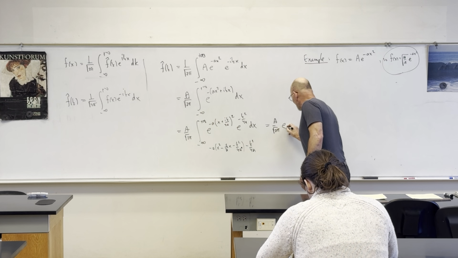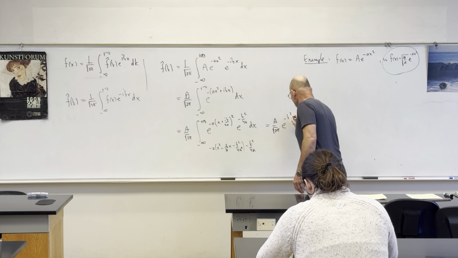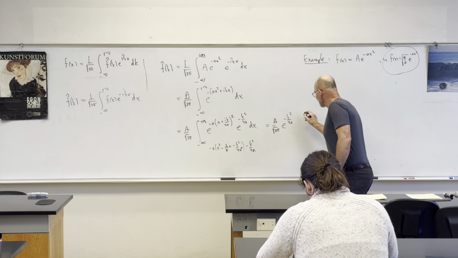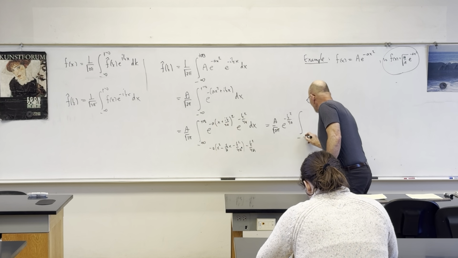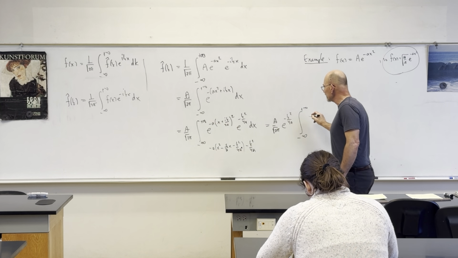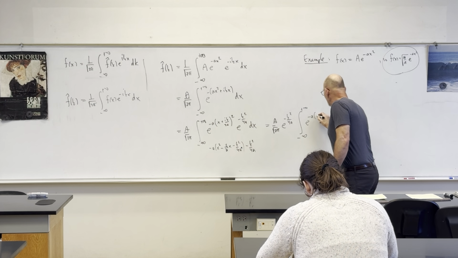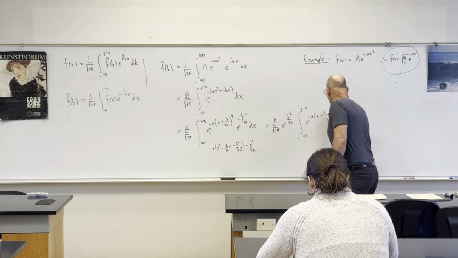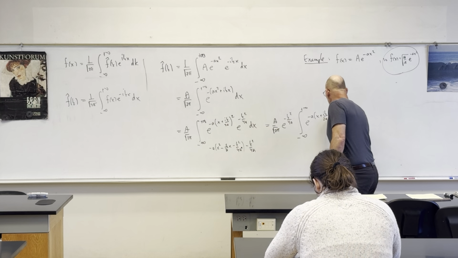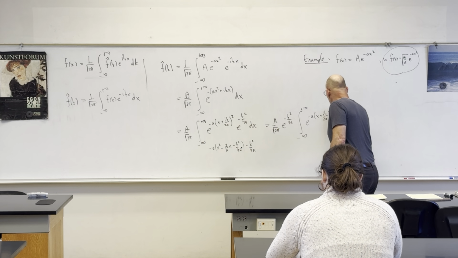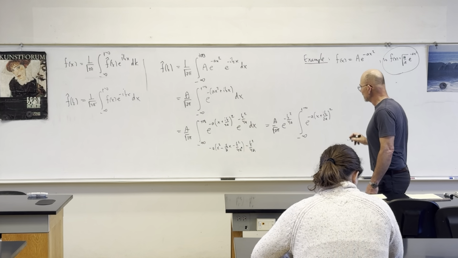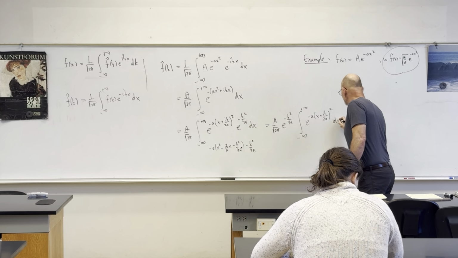I can pull this out, e to the minus k squared over 4a. So now I'm looking at this integral, minus infinity to plus infinity, e to the minus a times (x plus ik over 2a) squared dx.